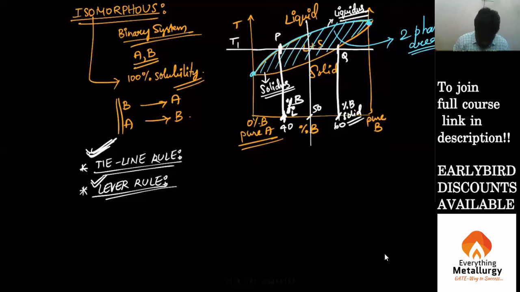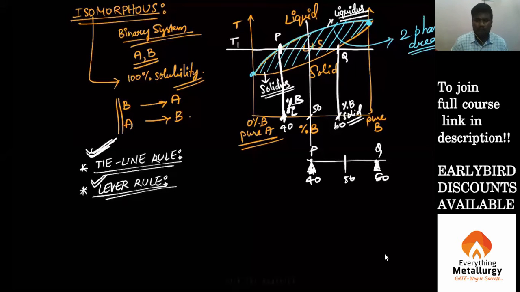That will be explained by the lever rule. As the name suggests, they just take this to be a lever. This point is my P and this is my Q, and somewhere here I have my 50 percent, this is 40 and this is 60.